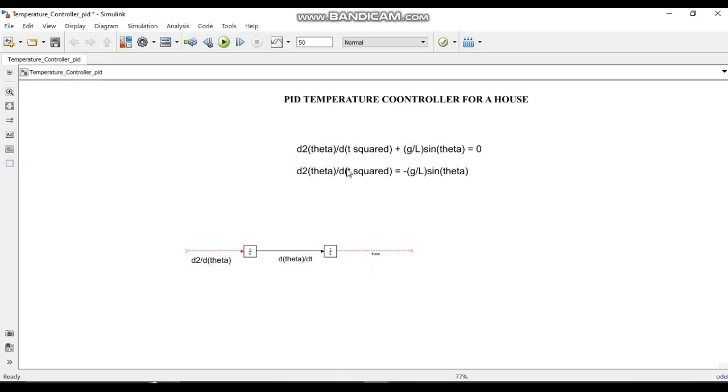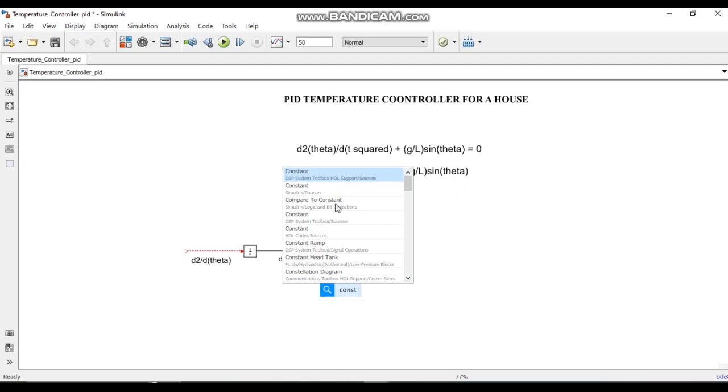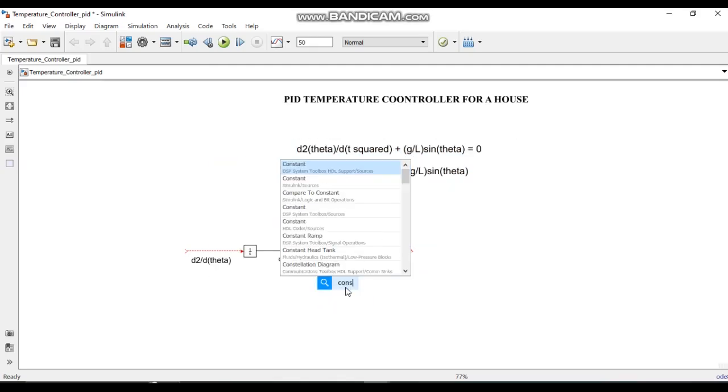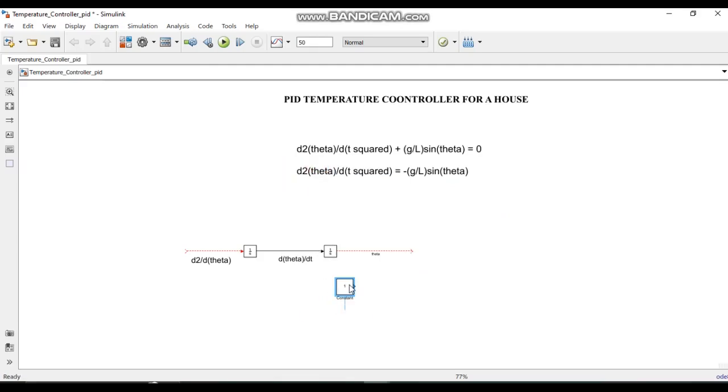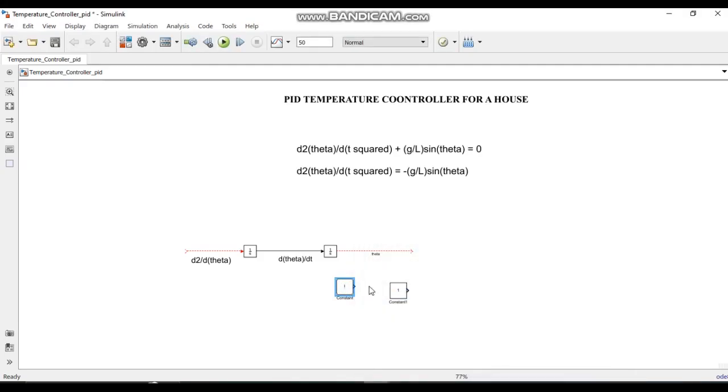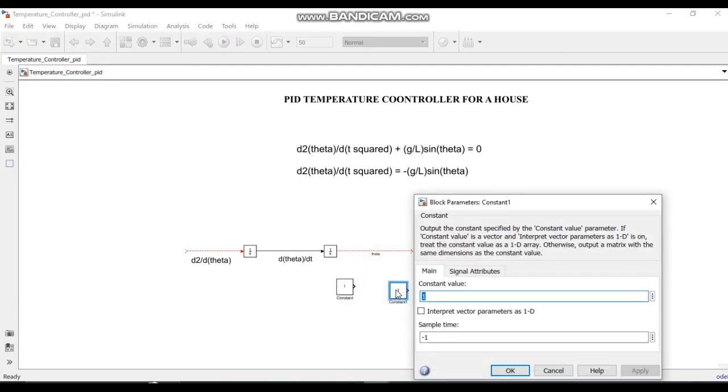So now how do we model the right hand side? Simple. Minus g over L, these are constants. Constant 1, 2, becomes L, becomes theta.